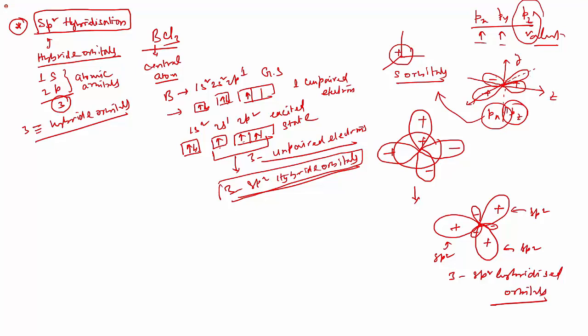So what is happening here? These three sp2 hybridized orbitals are formed. Now these three sp2 hybridized orbitals are going to make a bond with the 3 Cl atoms. Okay. So again, the Cl will have 17 electrons, so one electron will be present in the unpaired p orbital.